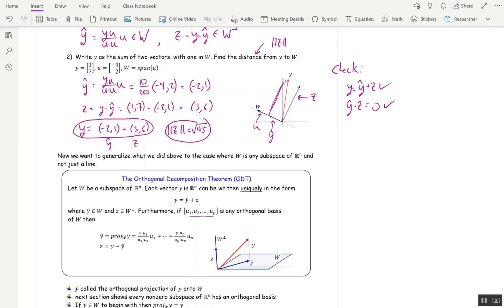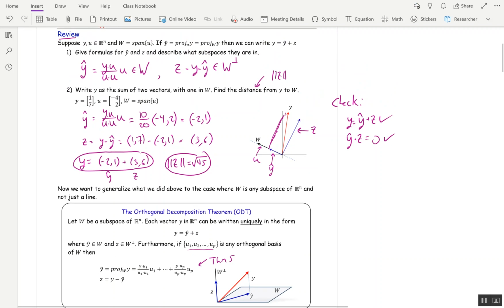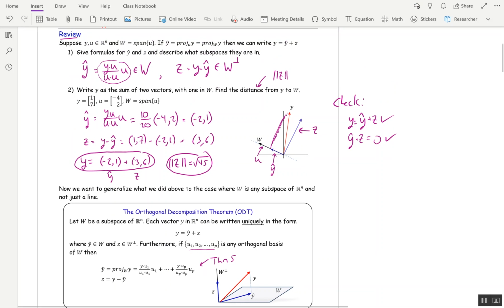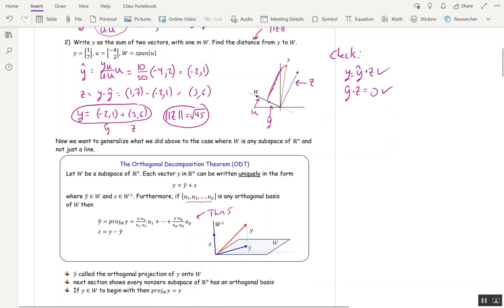Y hat is still the projection onto W of y, but if you have an orthogonal basis for W, then you can use Theorem 5, the formula in Theorem 5, to write y hat like this. Rather than just a single (y dot u over u dot u) times u, it's going to be a sum of mini projections: (y dot u1 over u1 dot u1) u1 plus dot dot dot up to (y dot up over up dot up) up.